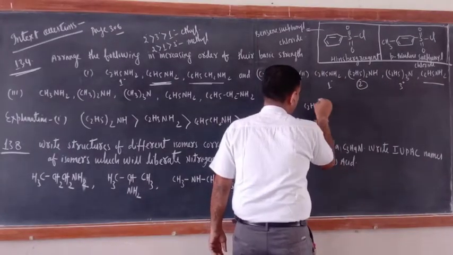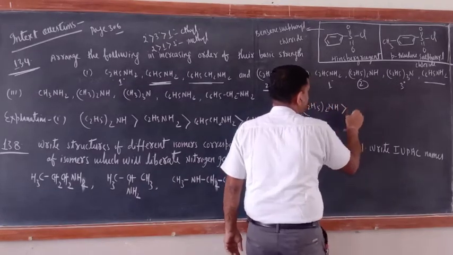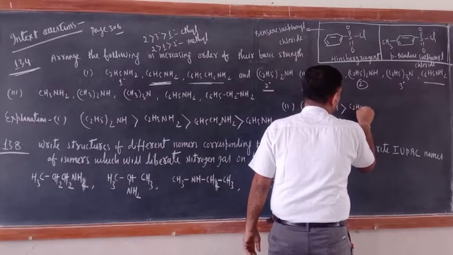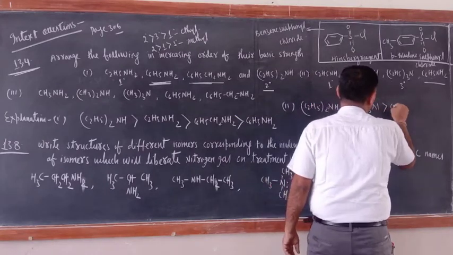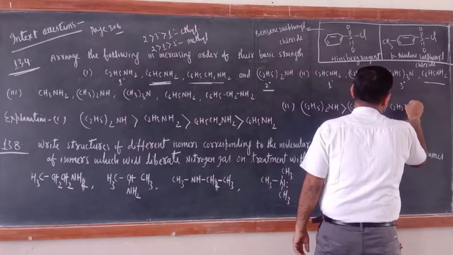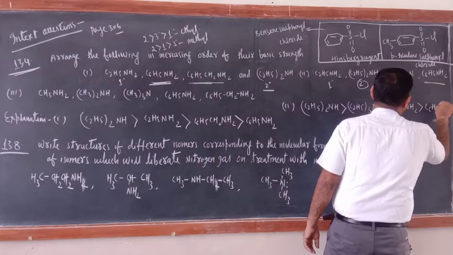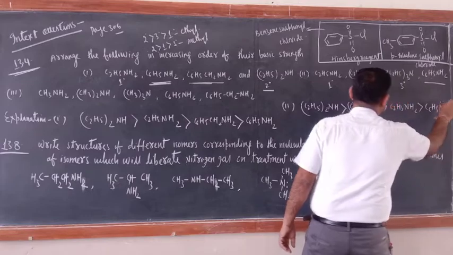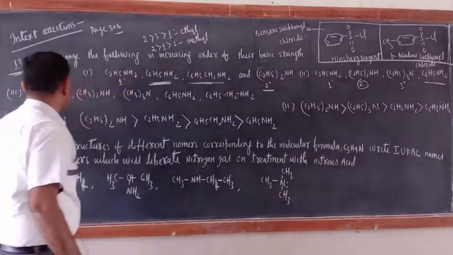So (C2H5)2NH first, 2 degree, then 3 degree, (C2H5)3N, then 1 degree, C2H5NH2, and at the end C6H5NH2. Aromatic amines are least basic. Explanation also I told. What about the third one?